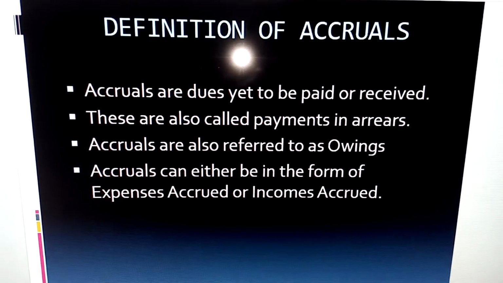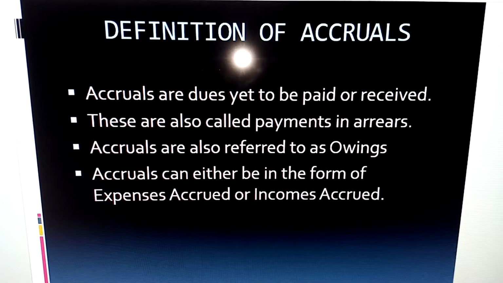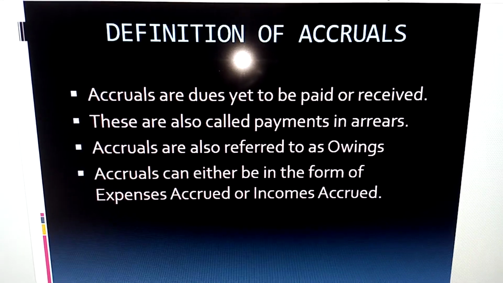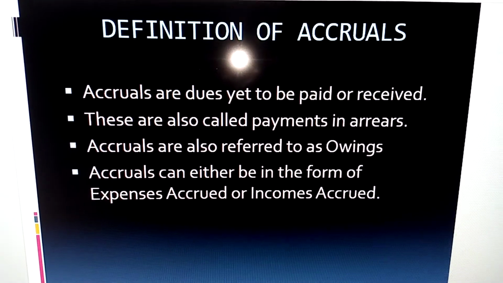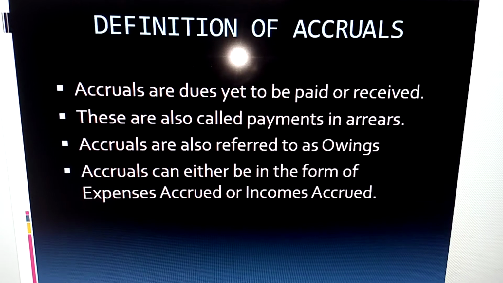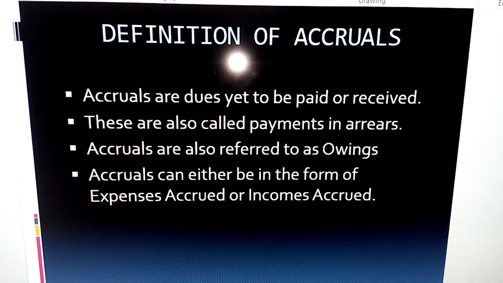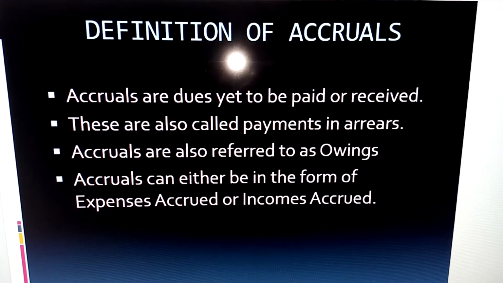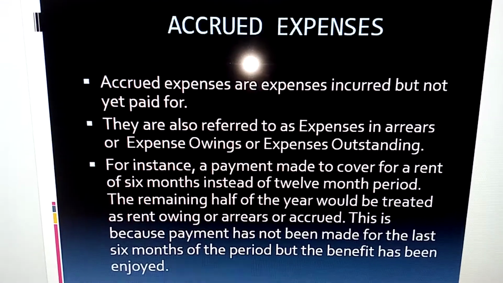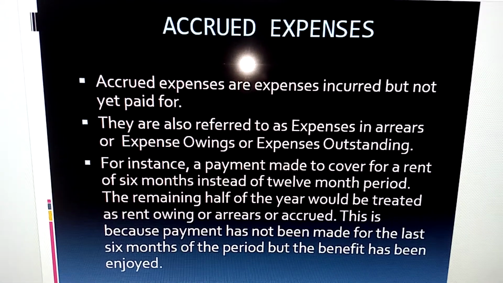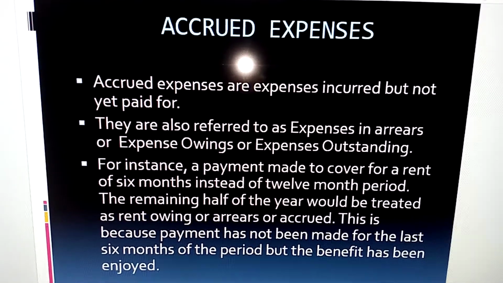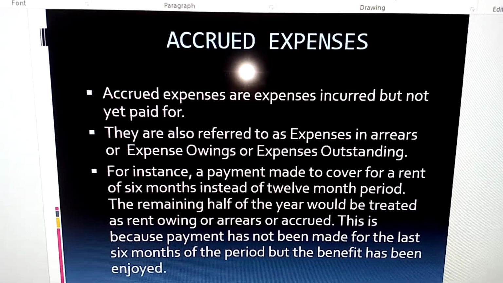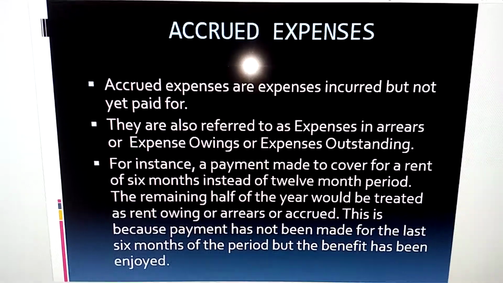Whenever you have this kind of scenario, we refer to them as accruals. So it means that accruals can either be in the form of expenses accrued or incomes accrued. Now, let's look at accrued expenses. Accrued expenses are expenses incurred but not yet paid for.